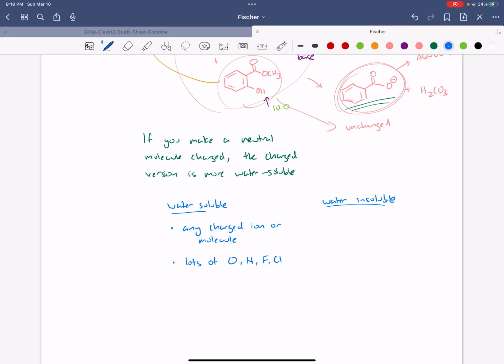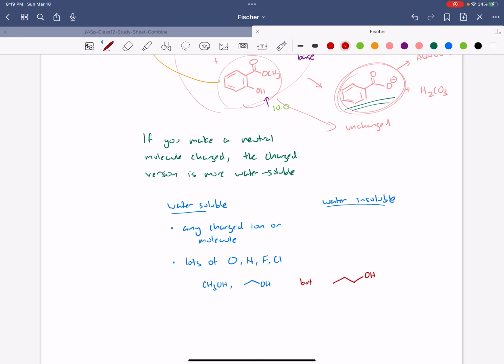But this is where it gets a little bit tricky, because a molecule like methanol, that's water soluble. Ethanol, that's water soluble. But if we have too many carbons, 1, 2, 3, that's insoluble, right? So it's kind of a balance.